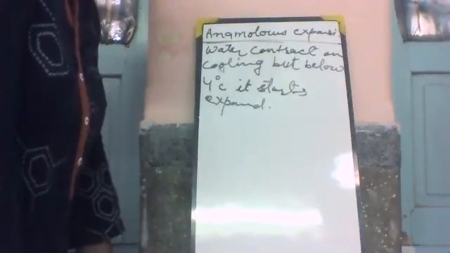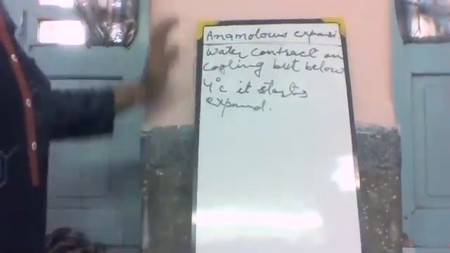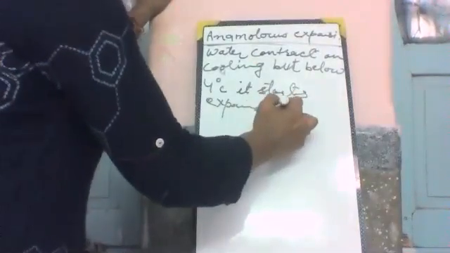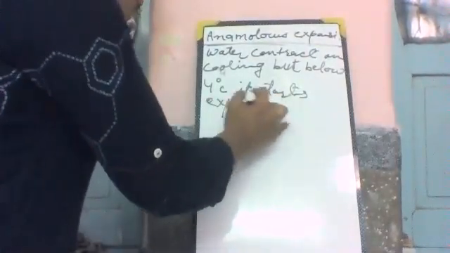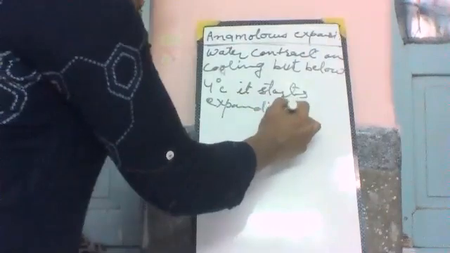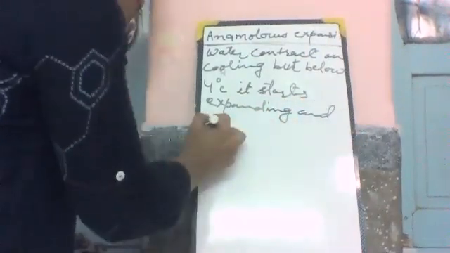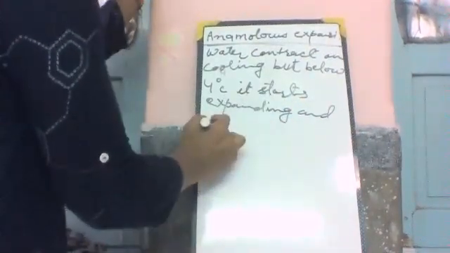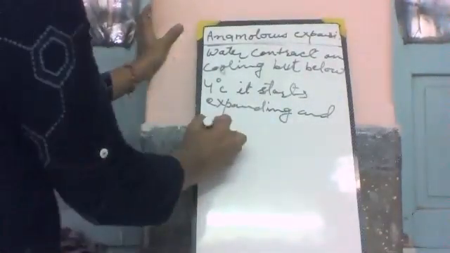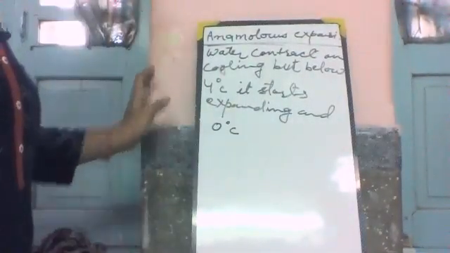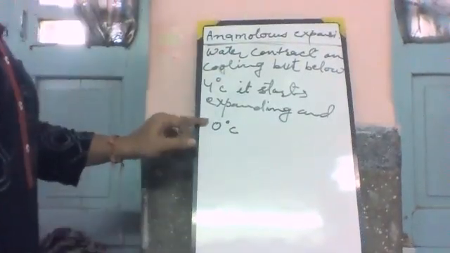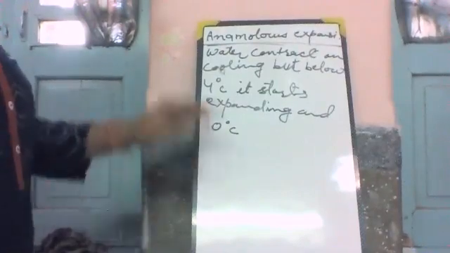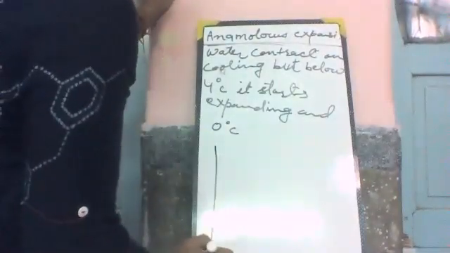And it continues to expand till the temperature reaches 0 degree centigrade. So what is it here? The point at which it freezes into ice. At 0 degree, water freezes.